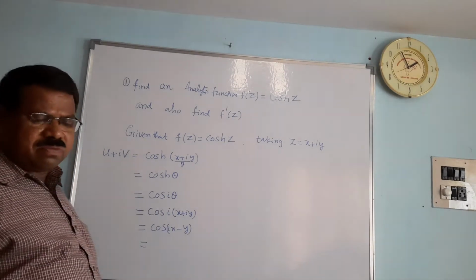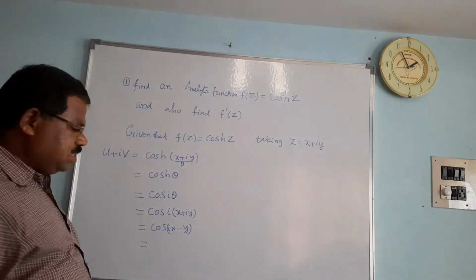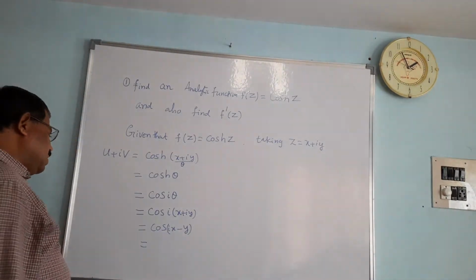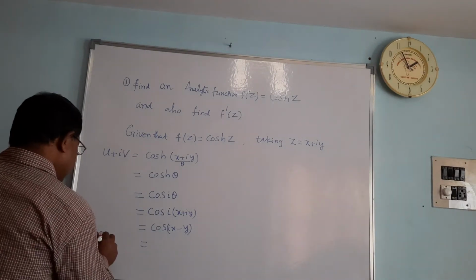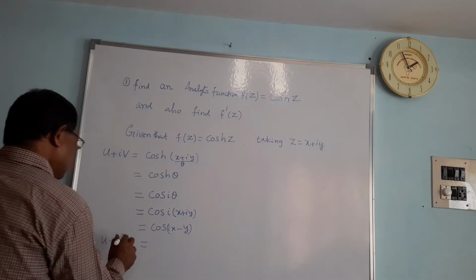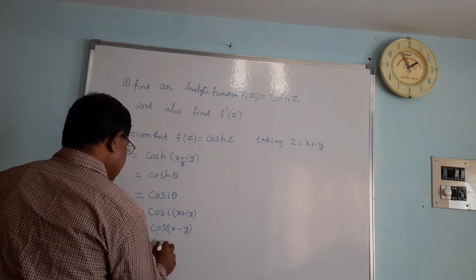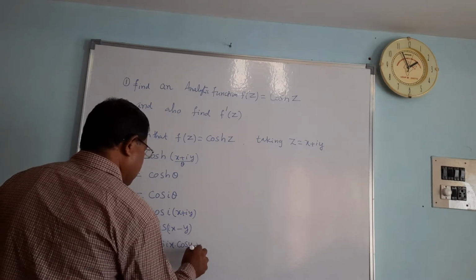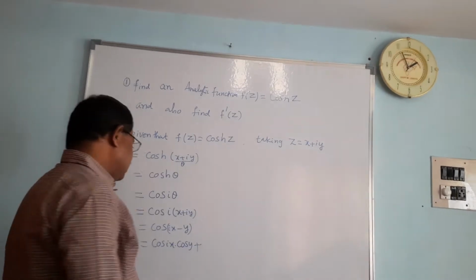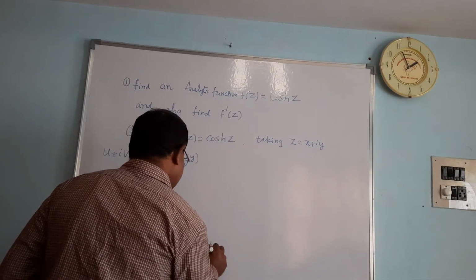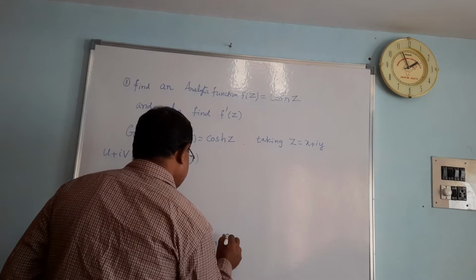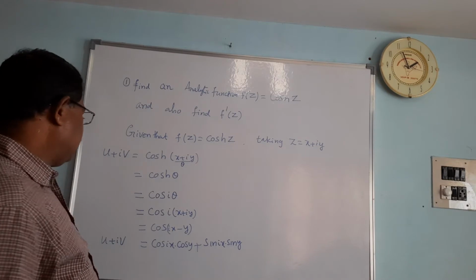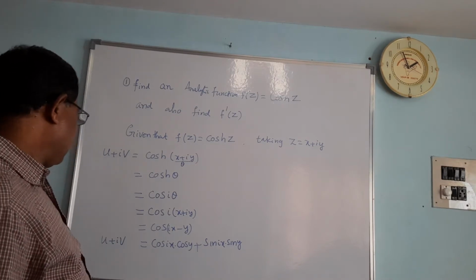Here this is in the form of cos of a minus b. Cos of a minus b means cos a cos b plus sin a sin b. You write down this formula: cos a cos b plus sin a sin b.